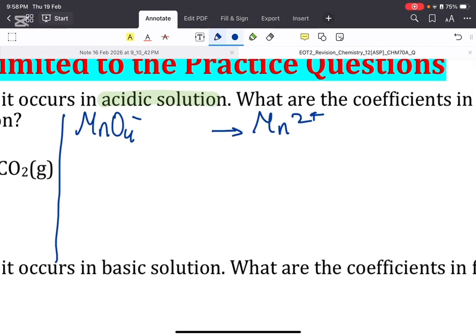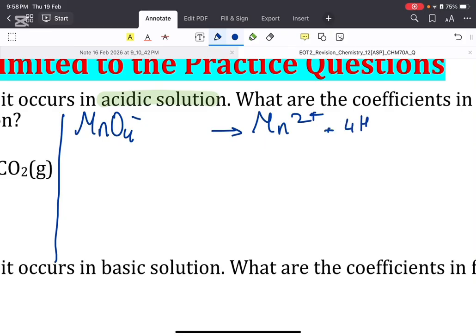So in this one, I have 1 Mn, 1 Mn, 4 O, so I'm gonna add 4 H2O because we balance O by adding H2O. Now I have 8 hydrogens, so I'm gonna add 8 H pluses.